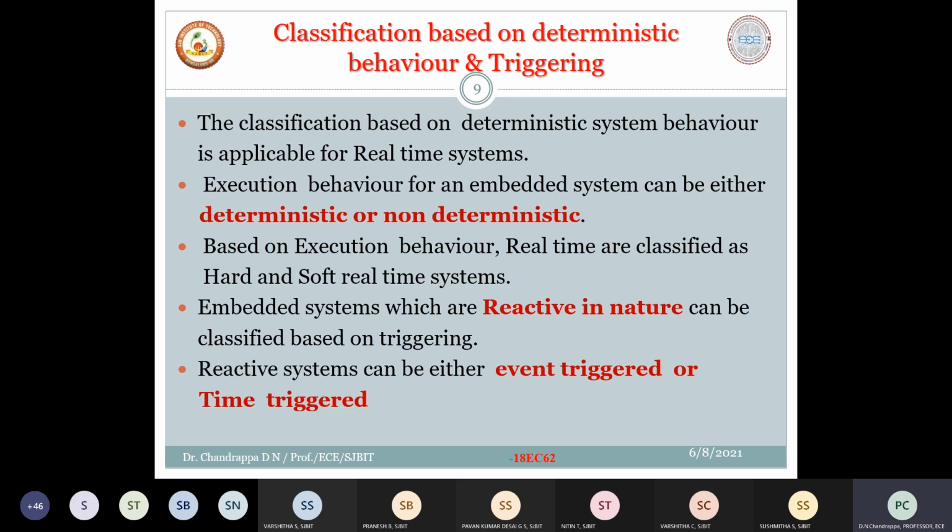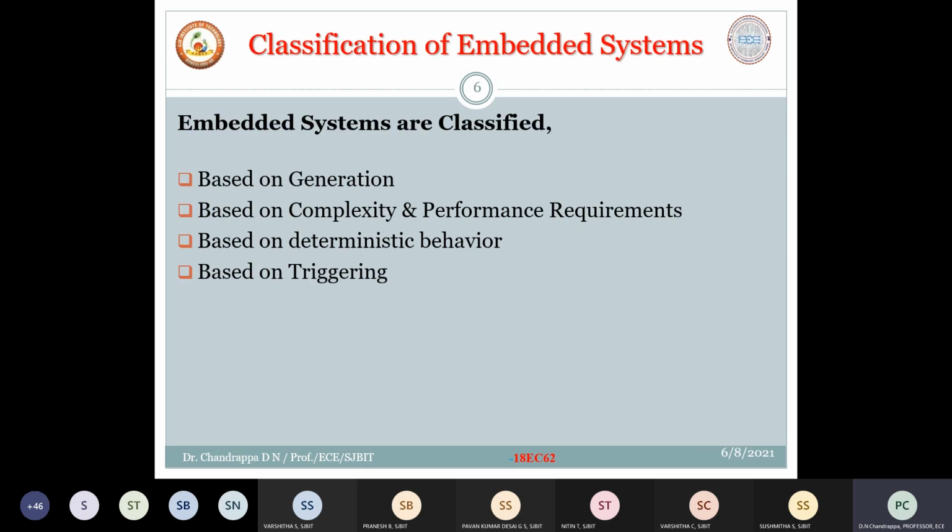Any doubts from these classifications, please raise your questions. Once again, let me conclude what the types of embedded systems are. Mainly, embedded systems are classified based on 4 parameters.